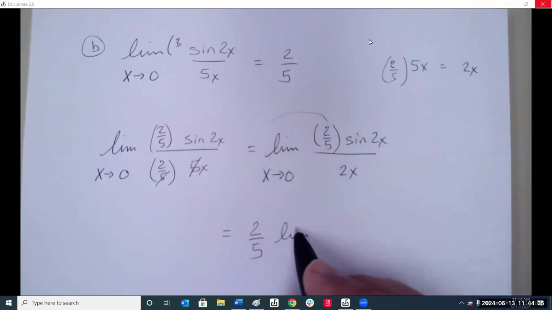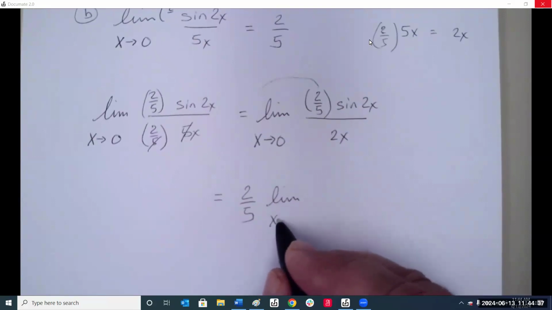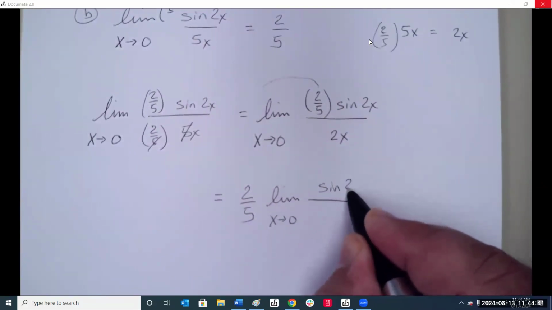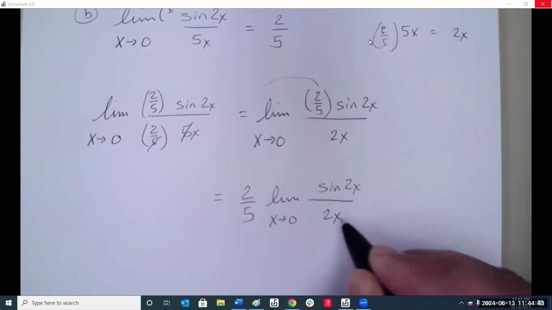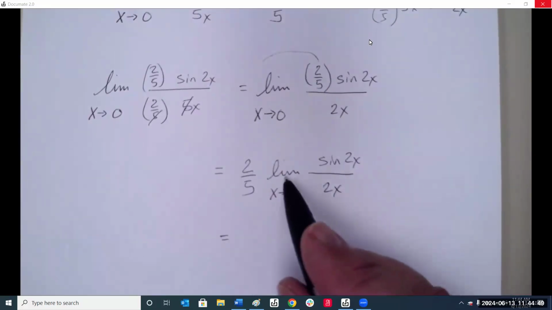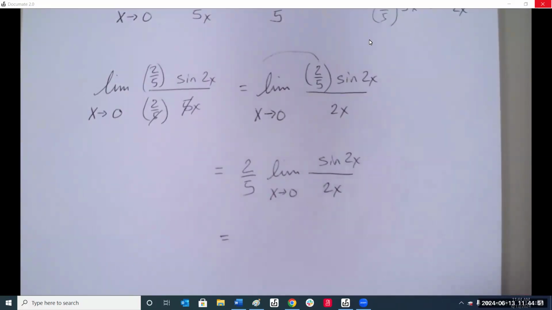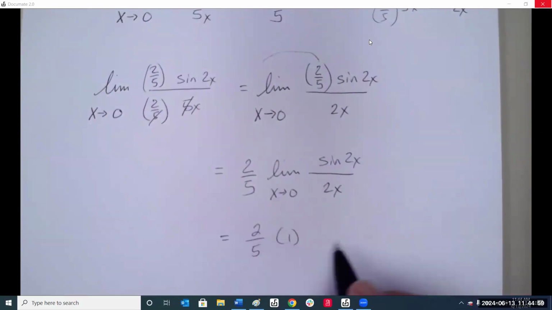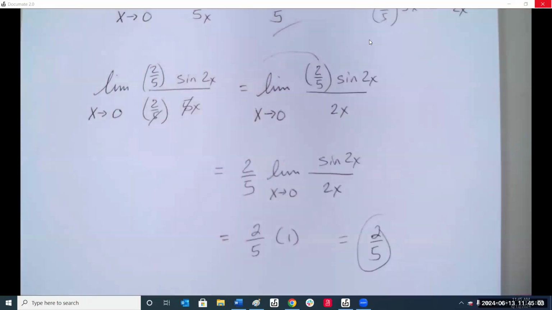And that leaves us with the limit as x approaches 0 of sine 2x over 2x. According to our theorem, what is the limit as x goes to 0 of sine 2x over 2x? This goes to 1. So the answer is 2/5. We're supposed to prove it.